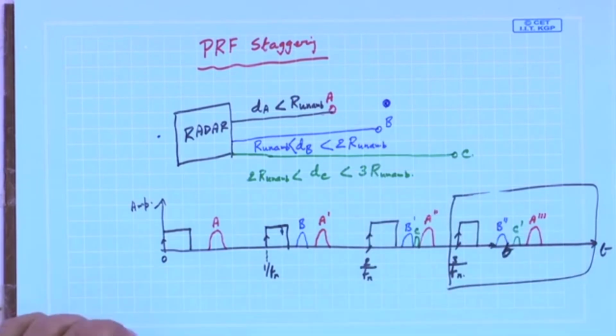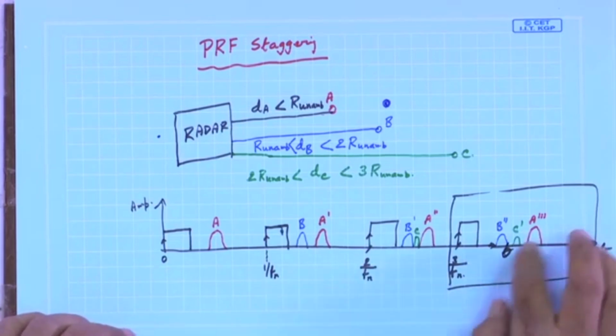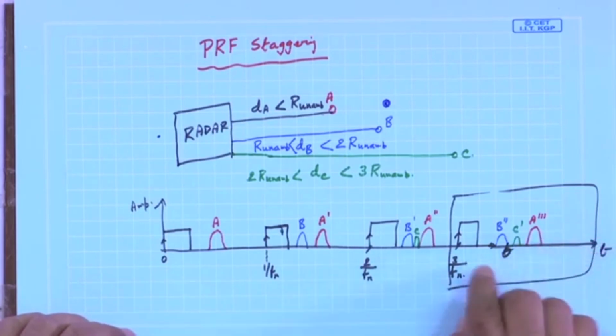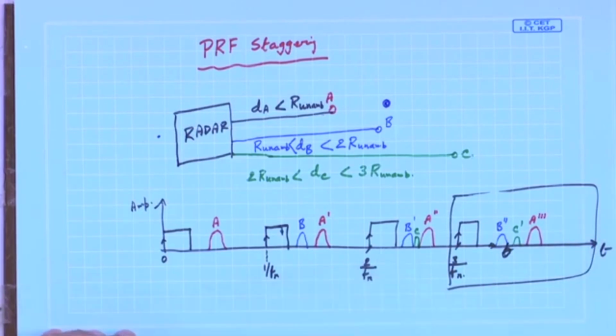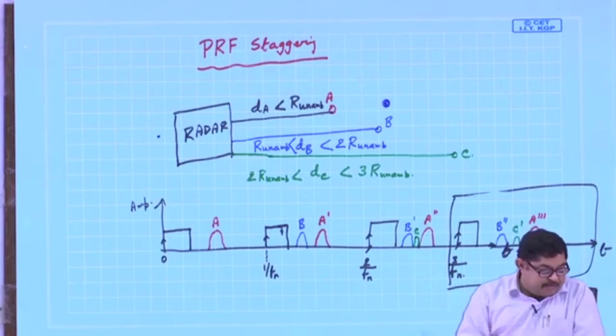But how do I know that A's range measurement is unambiguous, and the range measurements of B and C are ambiguous? For that, people have found that I can change the PRF, which is called PRF staggering.